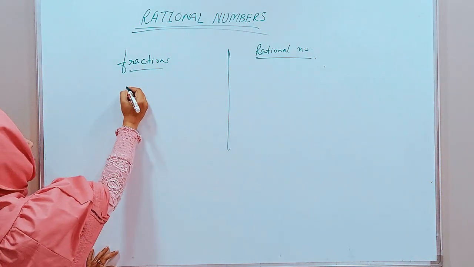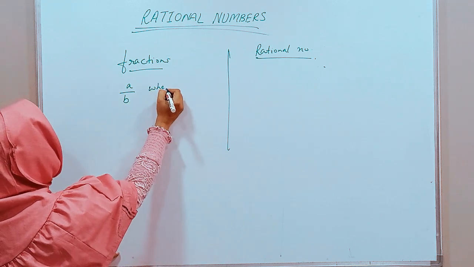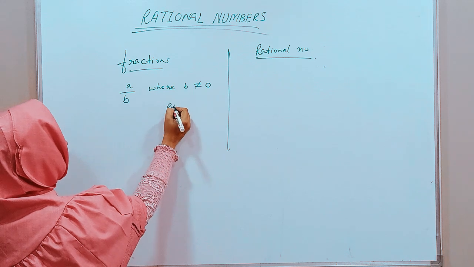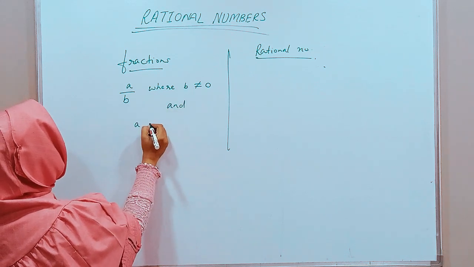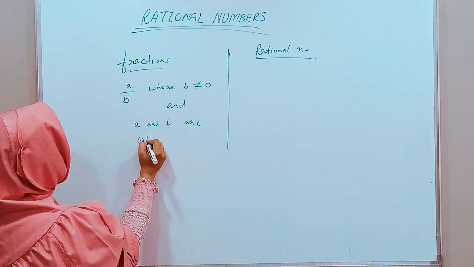We generally say it is in the form a upon b, where b is not equal to 0 and a and b are whole numbers.